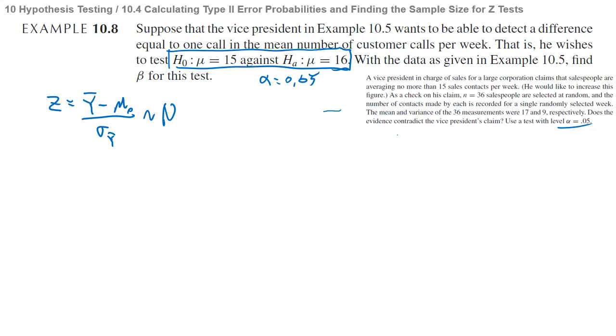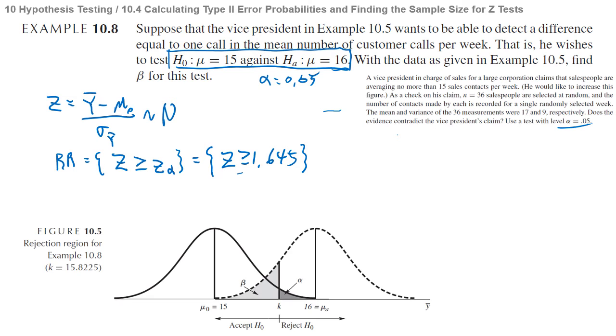The rejection region would be Z greater than or equal to Z alpha, and here Z alpha is 1.645.